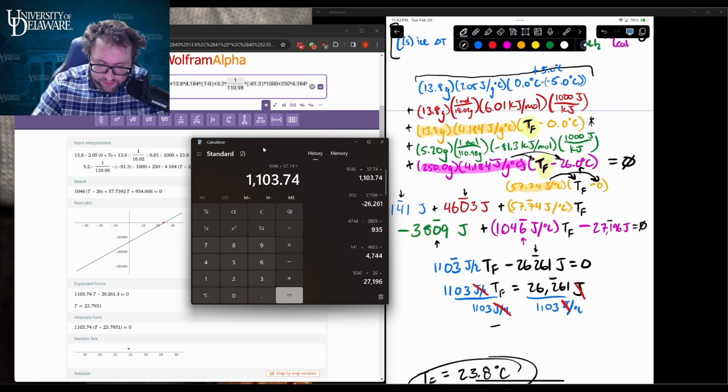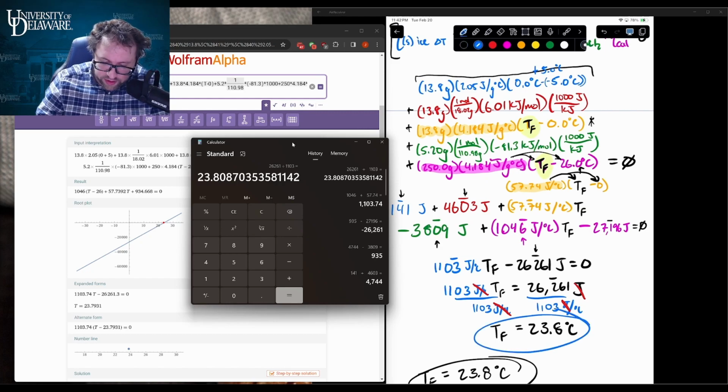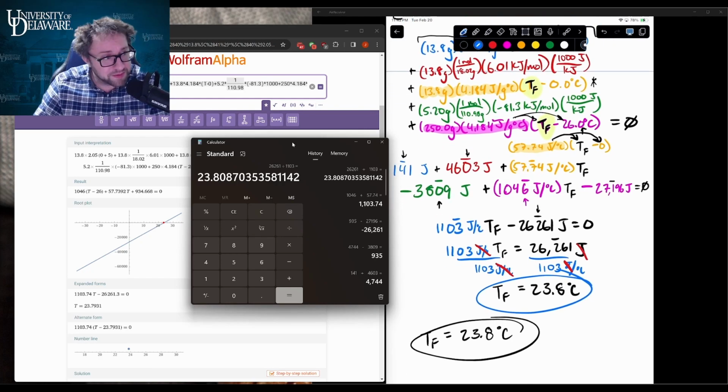Right, and then we go through, we divide that. I mean, we can, 26261 divided by 1103, and that gives us, once again, 23.8 degrees C. So again, these match. Notice the sig figs are a little bit different.